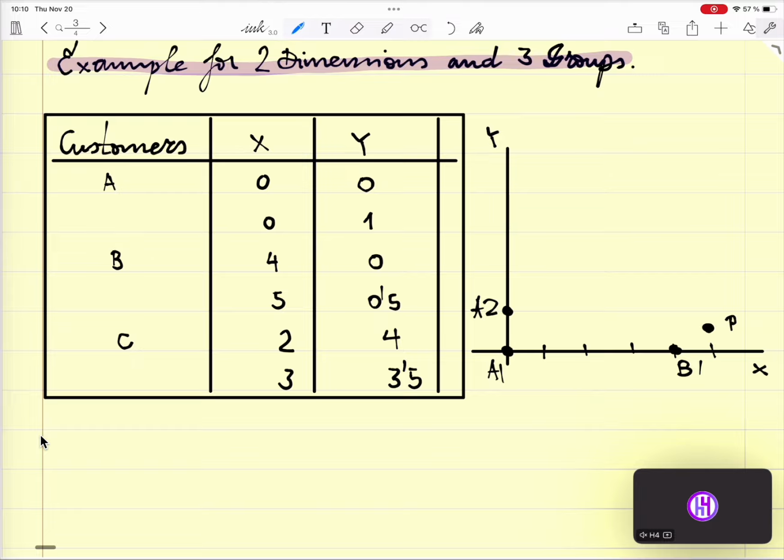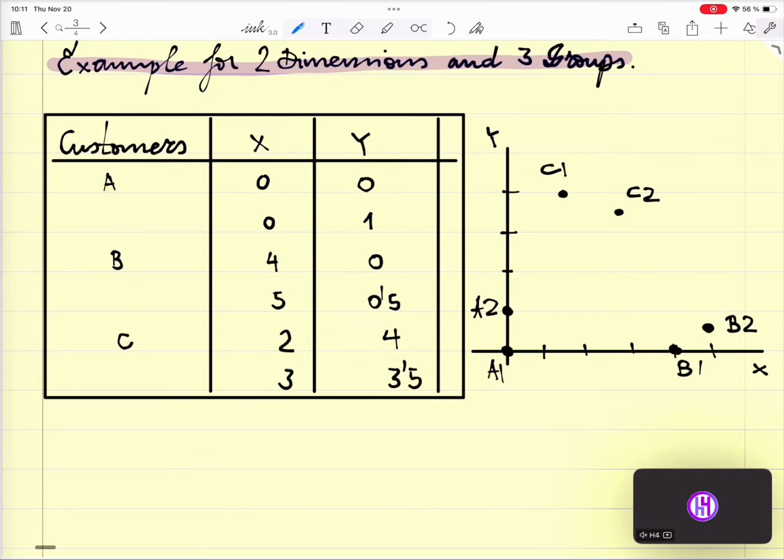This is customer B2. Then we have customer 2, 4. 2, 3, 4. It's customer C1. And then 3, 3.5. It's customer C2.